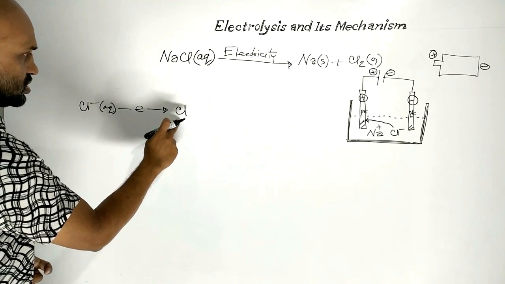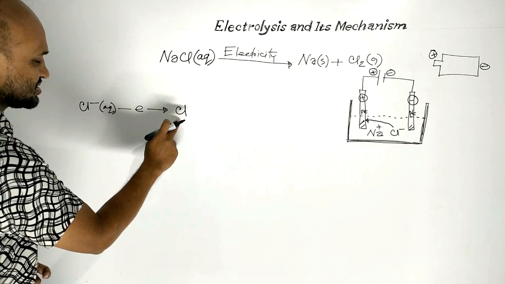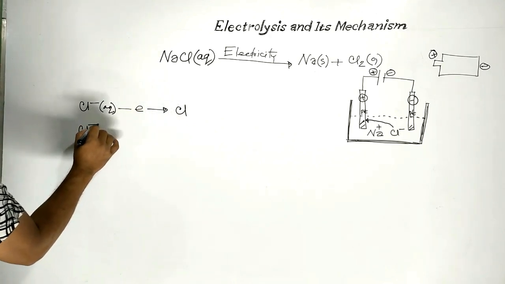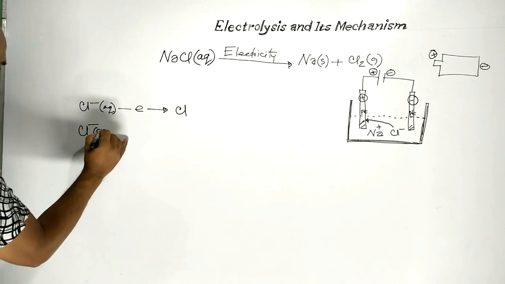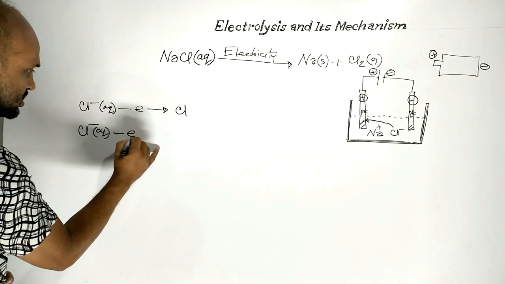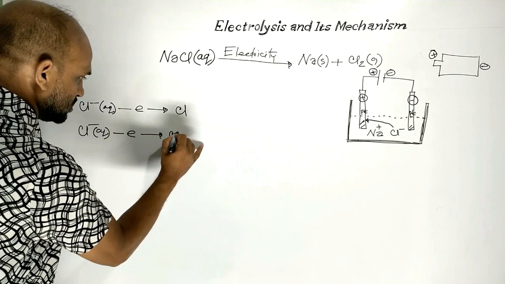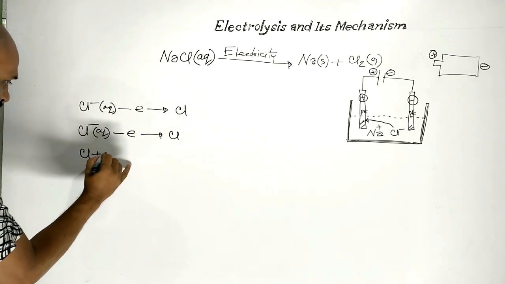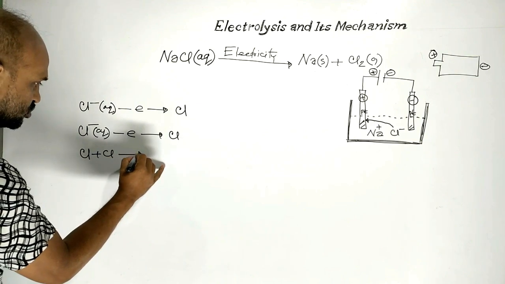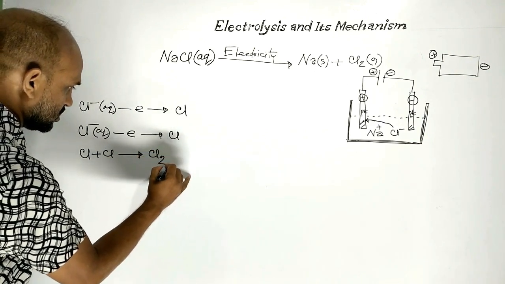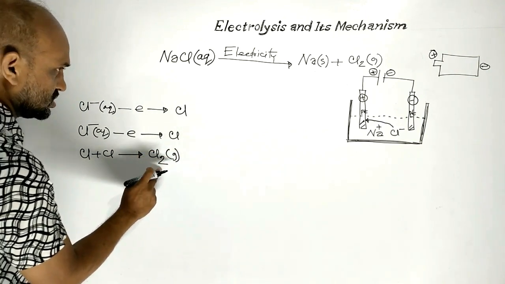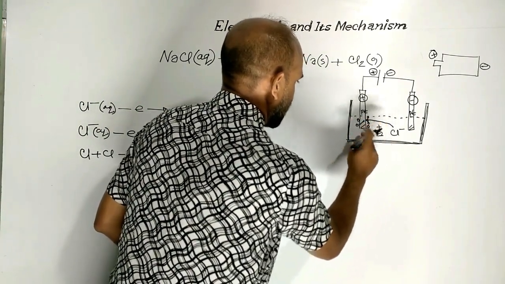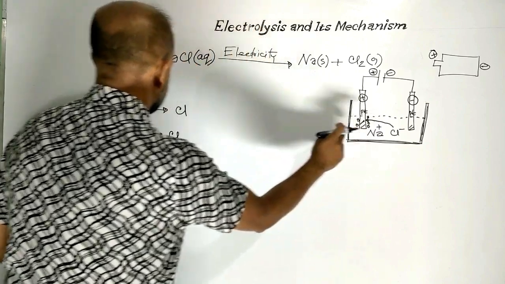We know chlorine cannot exist in atomic form. Another chloride ion will donate an electron to form a chlorine atom. Now, these two chlorine atoms combine together to form chlorine gas, which is observed here as bubbles of chlorine gas.